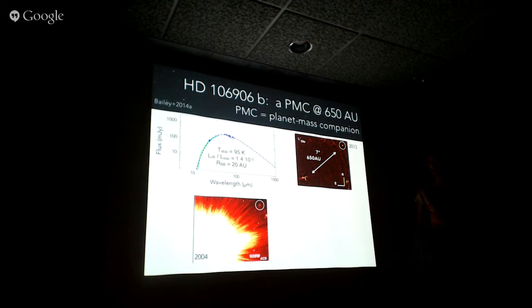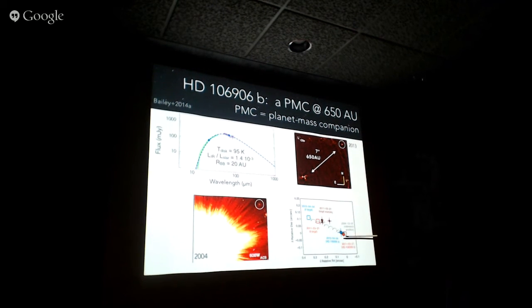But what we can do is use the relative location of the companion and the star in 2004 versus 2013 to see whether they're common proper motion, whether they're moving in space together with time, and that tells us that they're a gravitationally bound system. So for those of you who like proper motion diagrams, basically what we're showing is the relative motion of the companion to the star versus other background stars to the star.